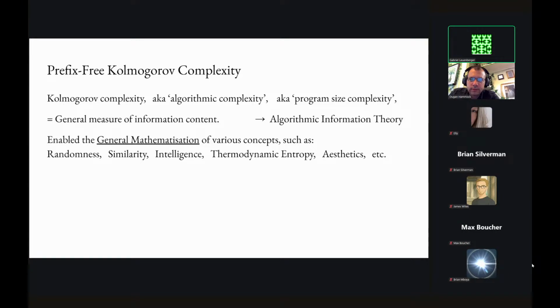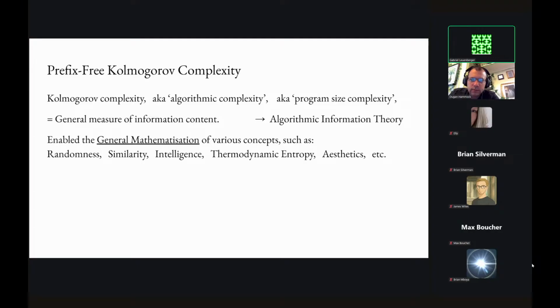And this has in the past enabled the general mathematization of various concepts such as randomness, similarity, intelligence, thermodynamic entropy, aesthetics, and so forth. For instance, about randomness, there's a whole Wikipedia article just talking about Martin-Löf randomness, this general definition of randomness based on Kolmogorov complexity. And for similarity, there's the universal similarity metric, with some papers about it.